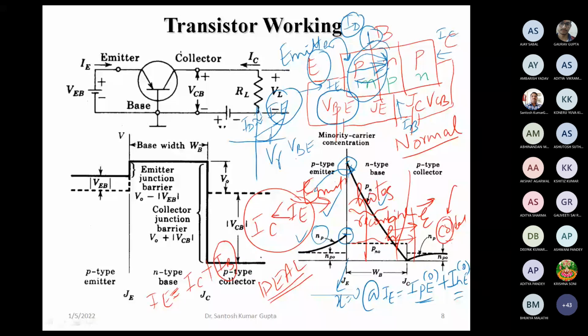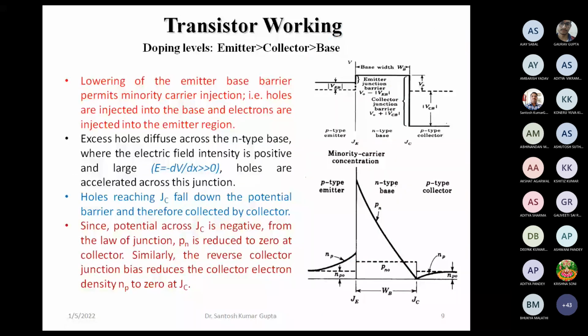So IE basically divides into two parts, IC plus IB. We will see this also in later classes. Is there any question?